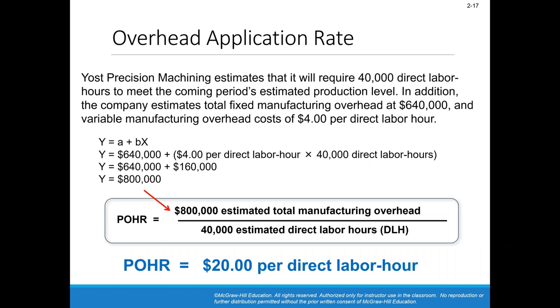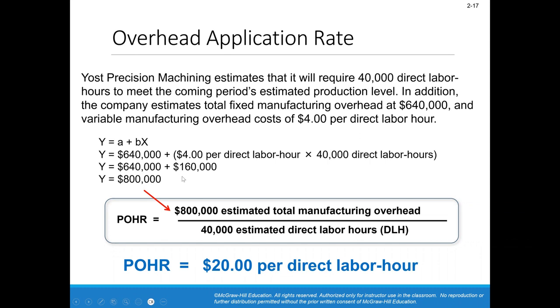And that could be things like ketchup or a hamburger or solder if you're making computer boards, etc. So we're going to use 40,000 direct labor hours. So 40,000 times 4 is 160,000. 160,000 plus 640,000 is $800,000.